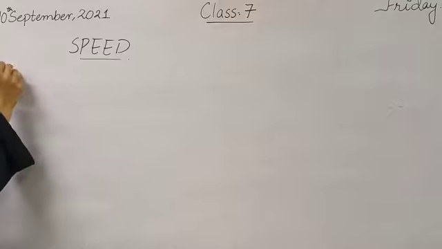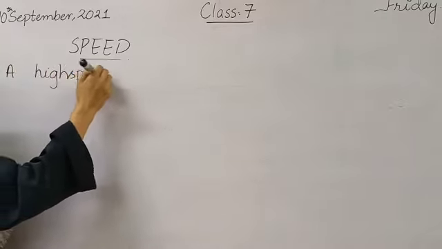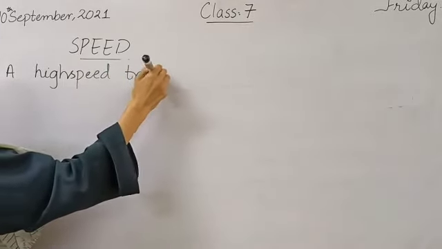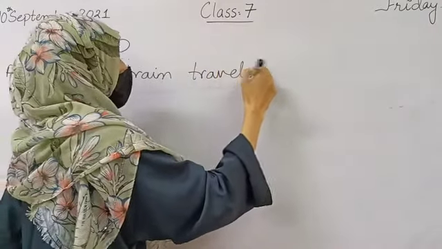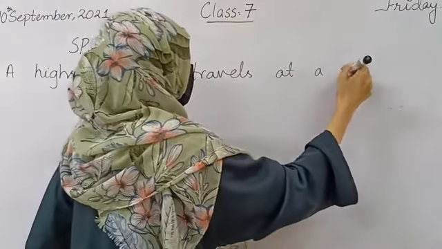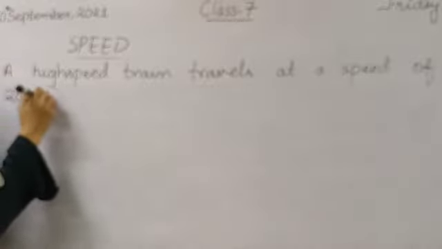A high-speed train travels at a speed of 200 km per hour.